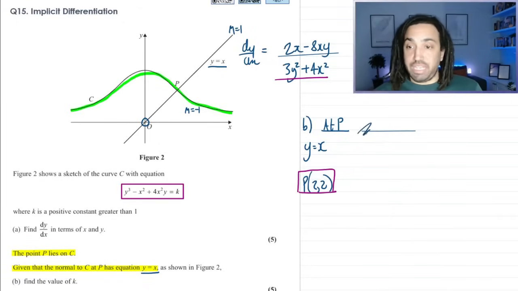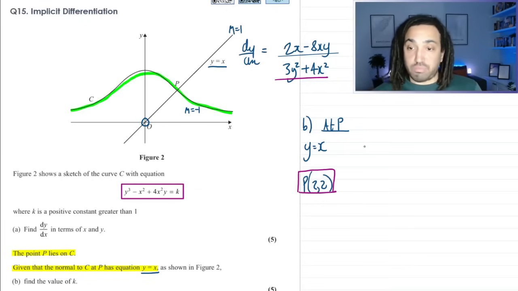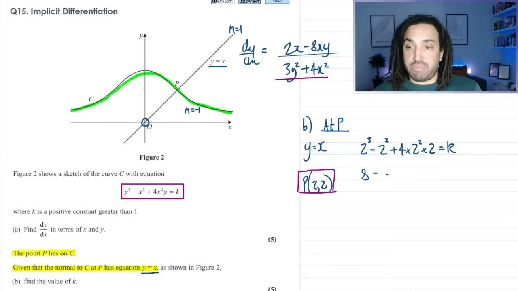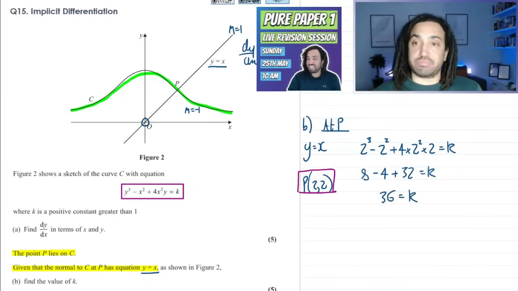So again, at P, we have that the curve y cubed, so 2 cubed, minus x which is also 2, plus 4 times 2 squared times 2 is equal to k. So this is 8 minus 4 plus 32 equals k. So this is 36 is equal to k.